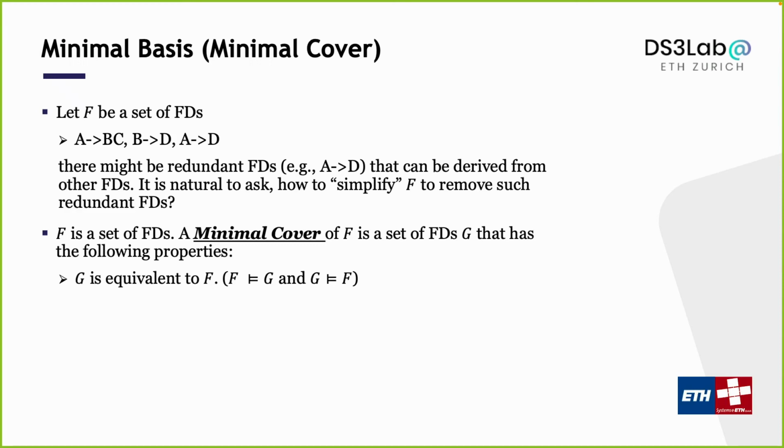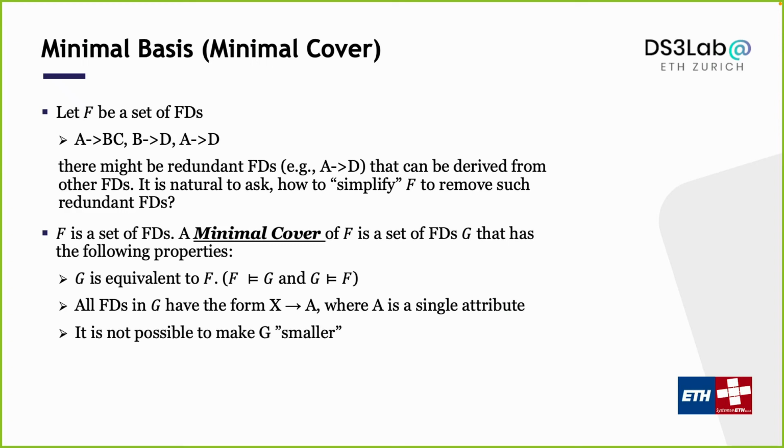If G wants to be a cover, I think that makes sense. And all the functional dependencies in G have the following form. It's always from X to A, where A is a single attribute. The right-hand side of all the rules in the cover needs to be a single attribute.